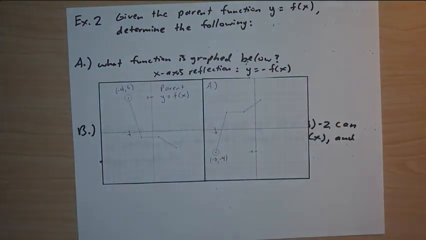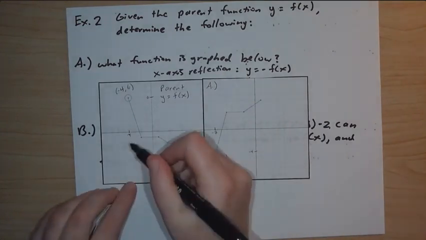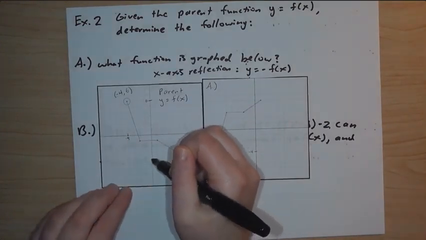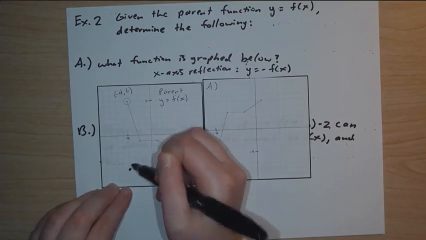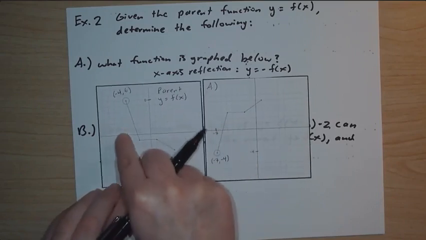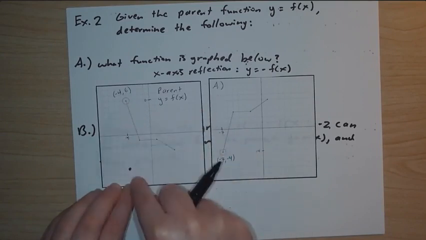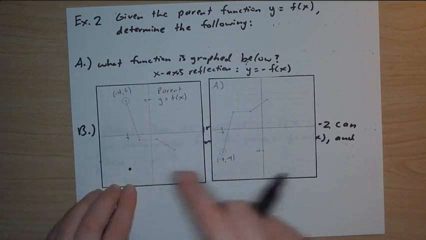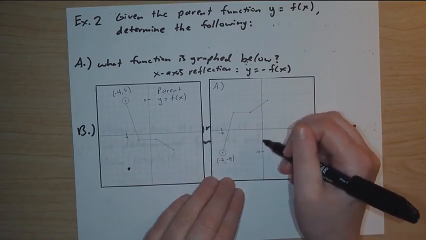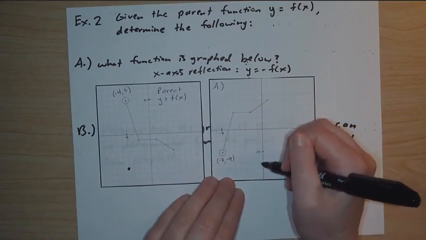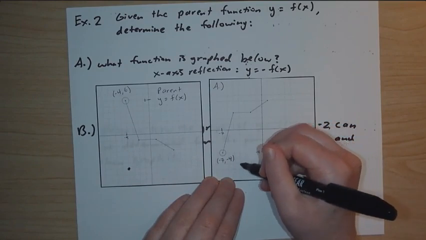So I'm going to mark it on both. Negative 4, 6, 1, 2, 3, 4, 5, 6, 4. So if it was just a reflection about the x-axis, this point would then become this point. And the same thing here. 1, 2, 3, 4, 5, 6. 1, 2, 3, 4.